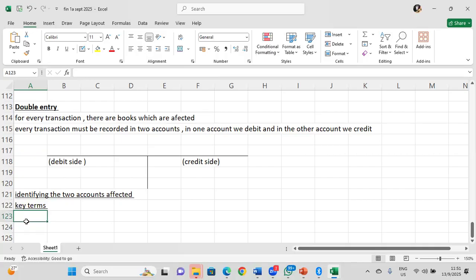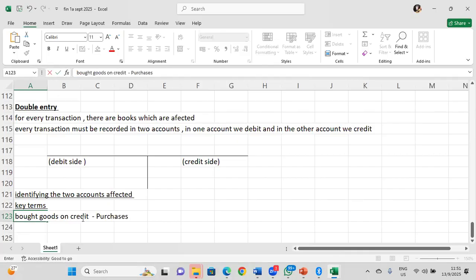If they say bought goods on credit, and they don't mention what it is that we bought, we record that account as purchases. If we bought goods on credit, those are called purchases.